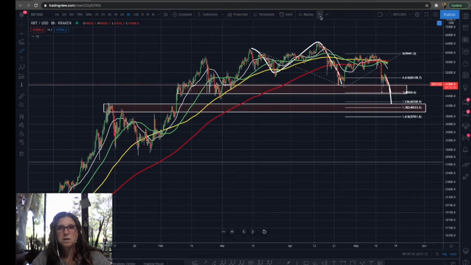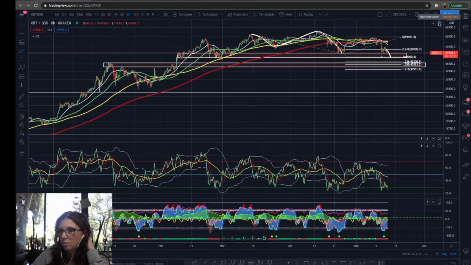Let's take a look at an indicator real quick to see what we have happening here on the 4-hour. Right now, as it stands, I don't see any bullish divergence. No. That's the 8-hour, I'm sorry.